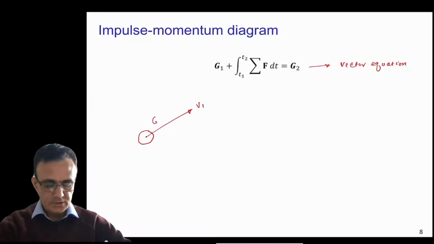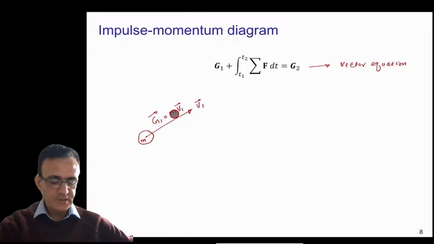So we know that G1, which is the initial momentum, is equal to m v1, and m will be the mass of this body here. So if you multiply mass with this v1, we will get G1. So G1 is again a vector, and the direction of G1 is in the direction of the velocity. So if velocity is in this direction, then G1 will be in this direction here.